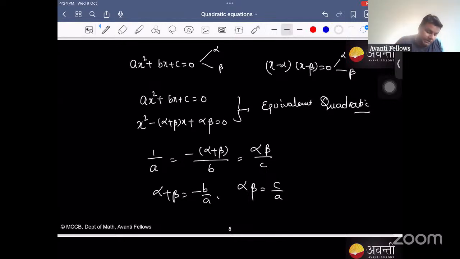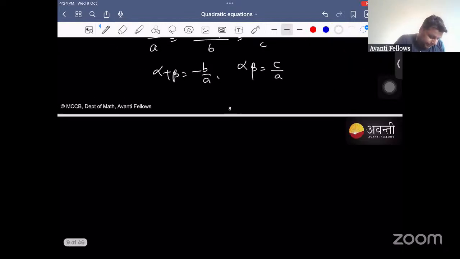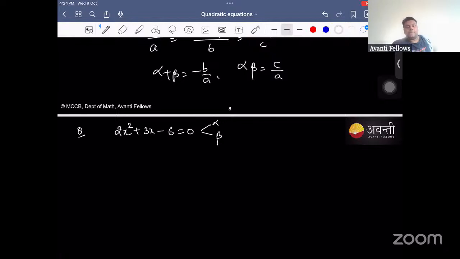Now say a simple question I have for you. If there is a quadratic 2x square plus 3x minus 6 equals 0, got it? Let us assume its roots are given to me as alpha and beta.